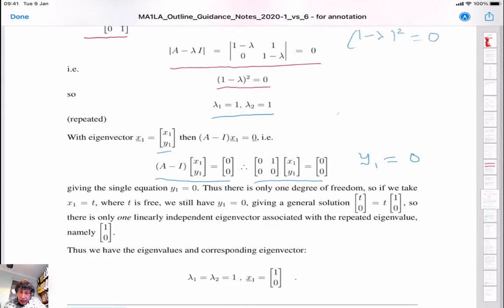However, in this case, for this slightly modified matrix, the second component must be 0, and that only leaves us with 1 degree of freedom: x1 is not prescribed, so it can be any value t, say, which has to be non-zero. So we end up with a non-zero eigenvector, but we only get 1 linearly independent eigenvector for that eigenvalue, which is now repeated.